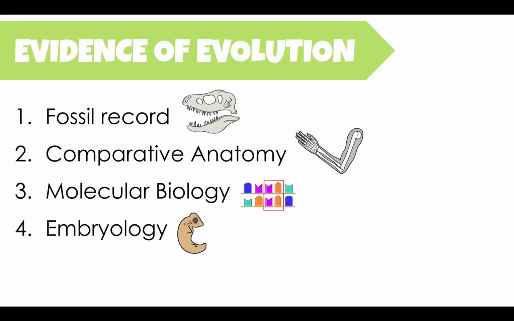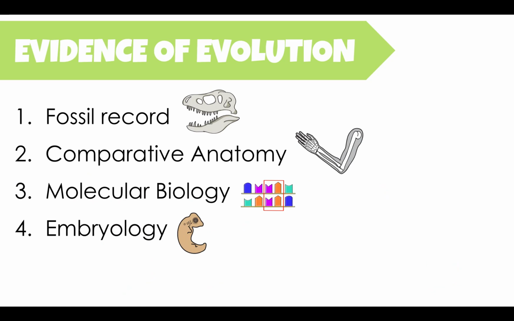And there are really kind of four categories of evidence that we have to support this theory. We're going to look at each of these in more detail. So we're going to look at the fossil record, so we're going to compare some fossils. We're going to look at what we call comparative anatomy, so comparing bone structure from organism to organism.